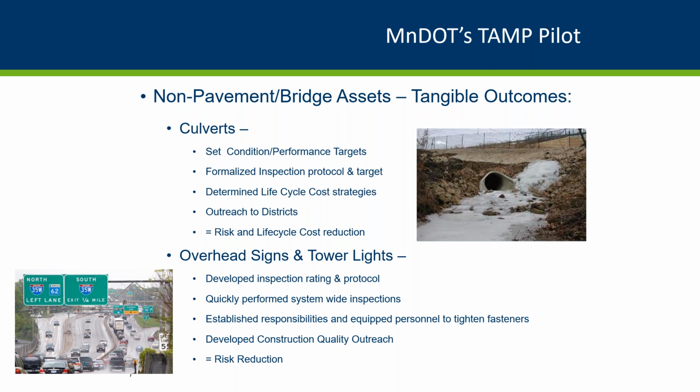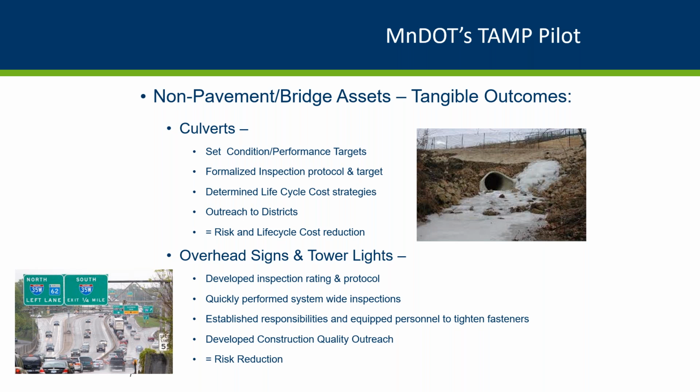So the overhead sign structures, again, those teams, as we began to look in more detail at the assets, developed rating systems for inspections. We contracted for some system-wide inspections to really get those quickly up to date. We found some problems and addressed them with our internal forces.